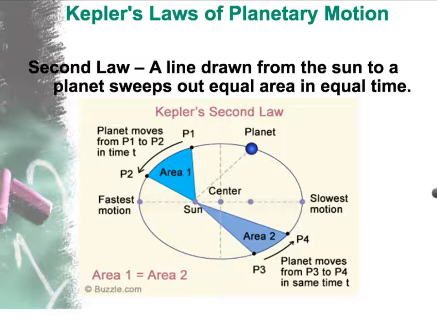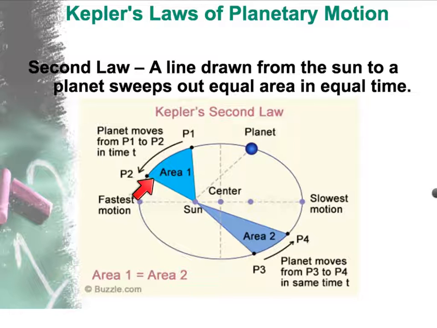Then another thing that Kepler recognized is that you could take a line from the sun to the planet, and as the planet goes through its orbit, that line will sweep out a certain amount of area. So as the planet goes from here over to here, that line that connects them will sweep out this much area.